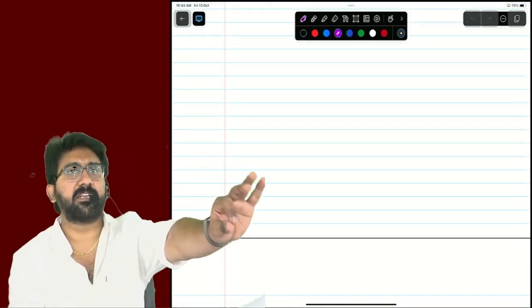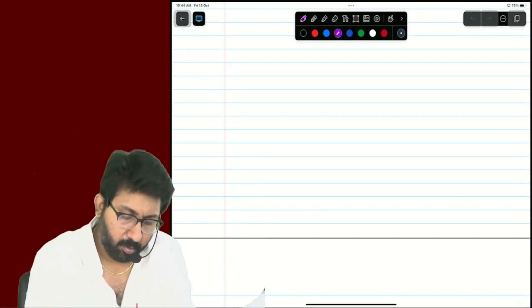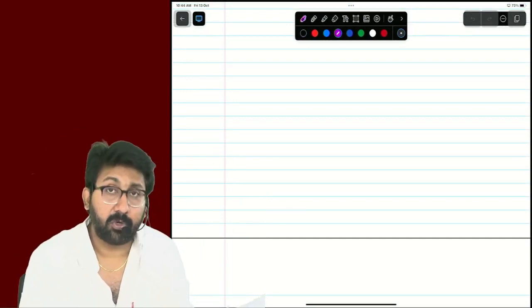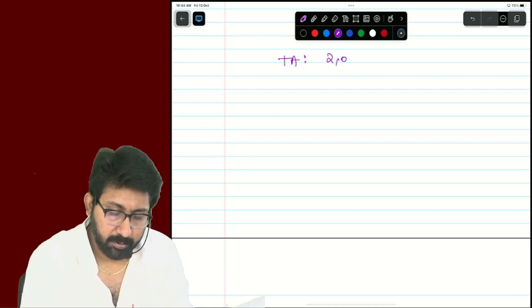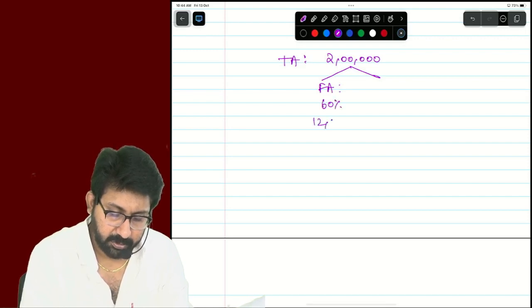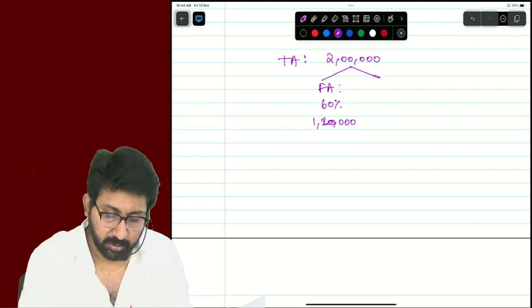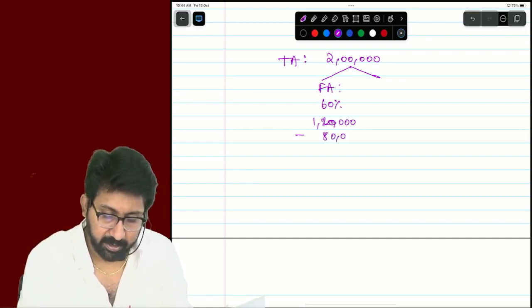First everyone concentrate. I don't want everyone sitting silent in the class. Answer, reply properly. What is the total assets value? In this, how much is the fixed assets, which comes to 60%? 1 lakh 20,000. In this 1 lakh 20,000, how much is the land and building?